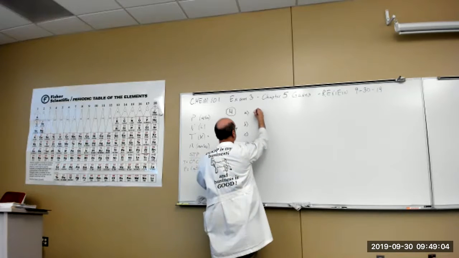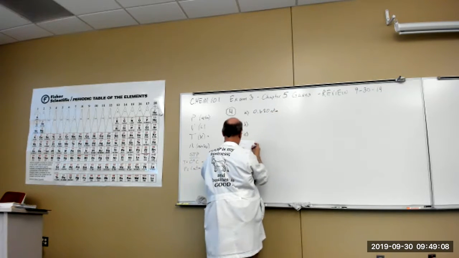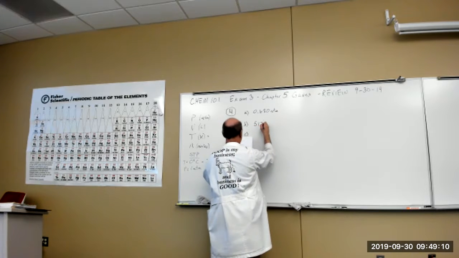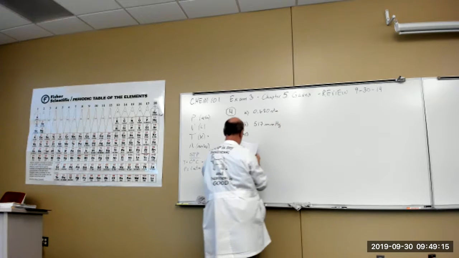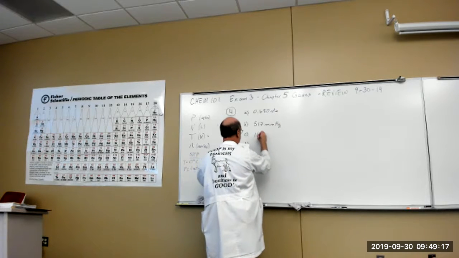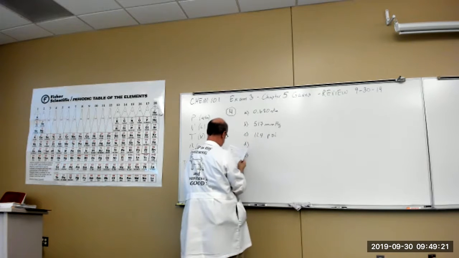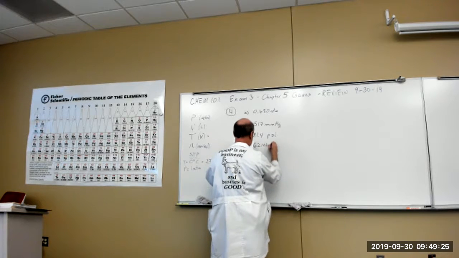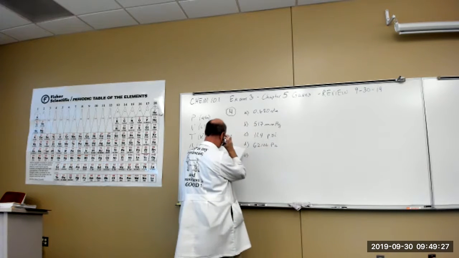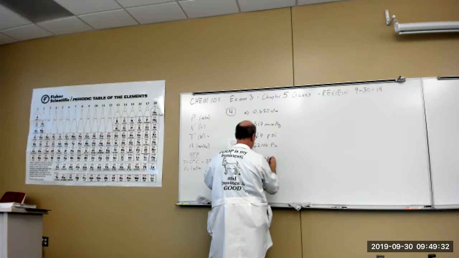We're given 0.680 atmospheres, 517 millimeters of mercury, 11.4 psi, 62,106 pascals, and 14.1 inches.